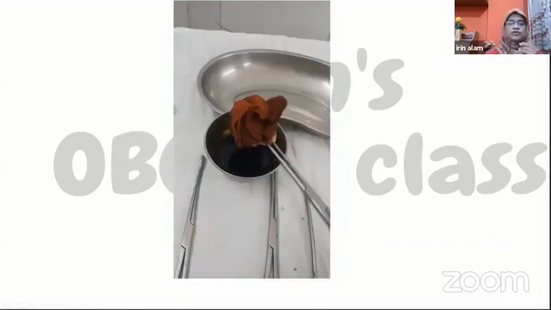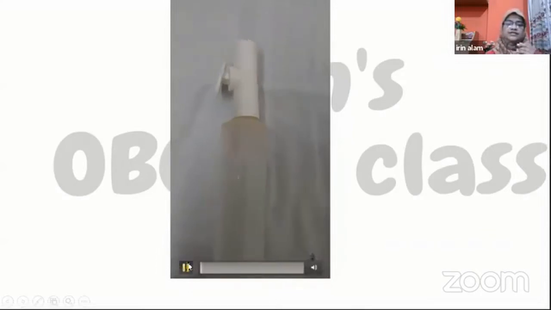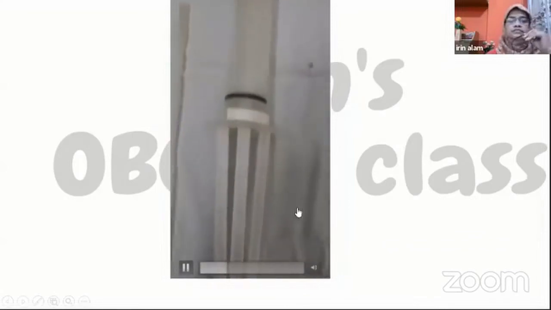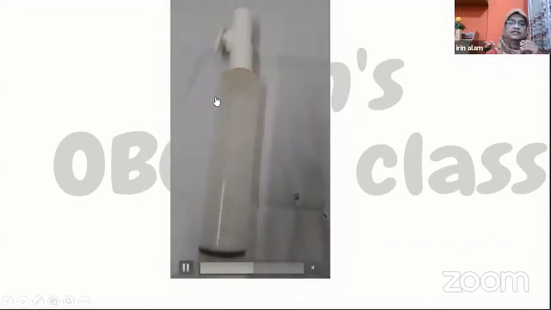This is the swab soaked with Povidone. This is a syringe called the MR syringe.